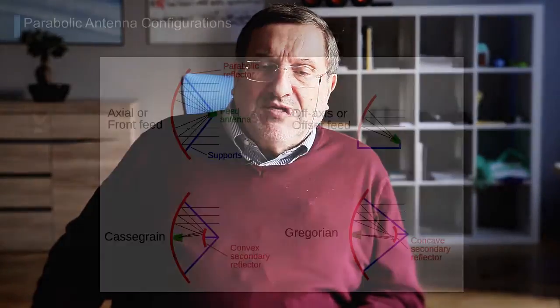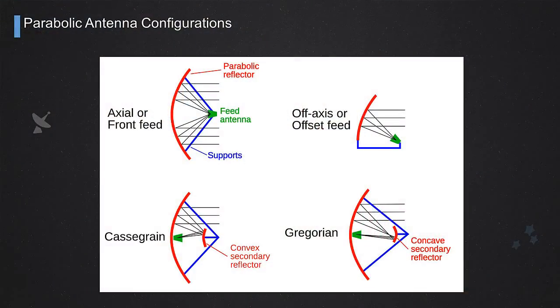At the bottom of the picture we see another configuration that is used very much, the so-called Cassegrain configuration. In this case, this is a particular type of Cassegrain, a center axial-fed Cassegrain.